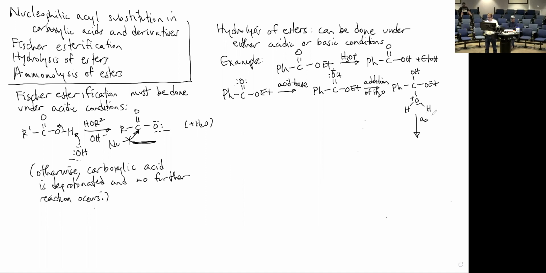Then we'll have another acid-base step. We'll remove the proton on this oxygen. Actually, let me just, for clarity, add those lone pairs over there as well. So that's one acid-base step. We've removed a proton from that oxygen.